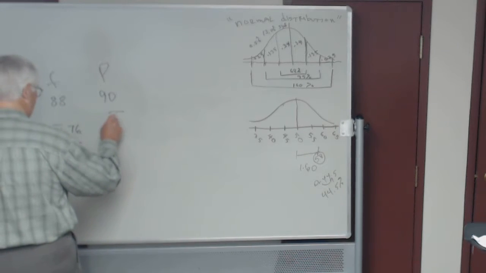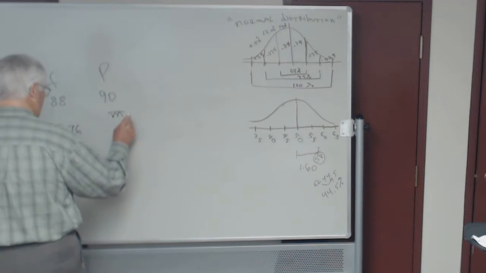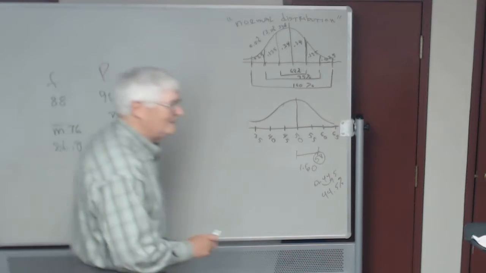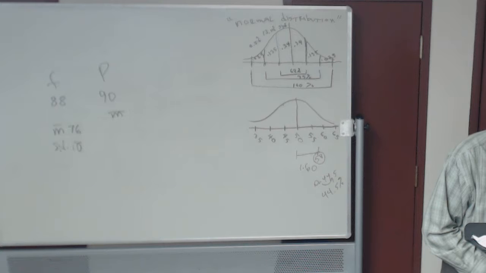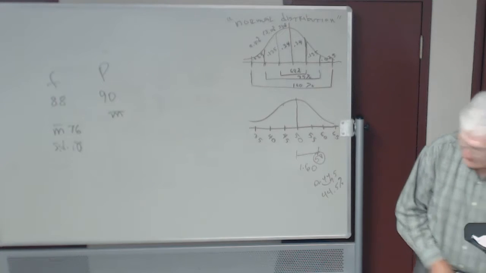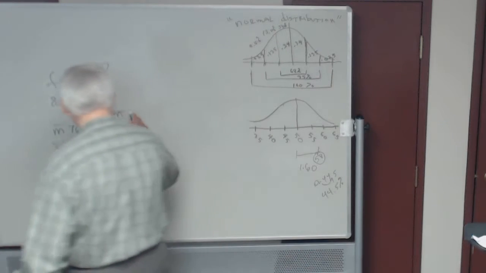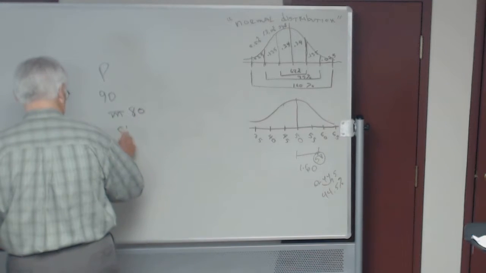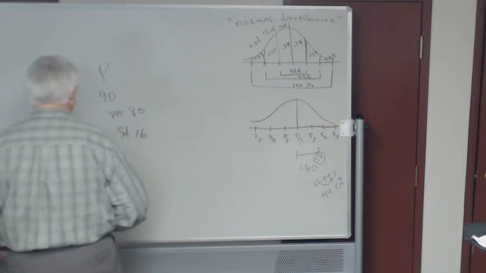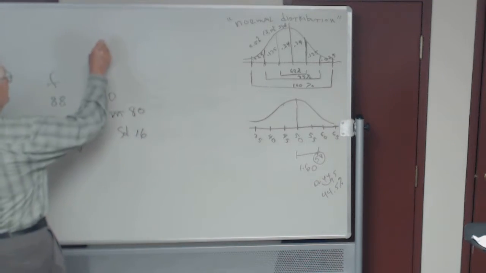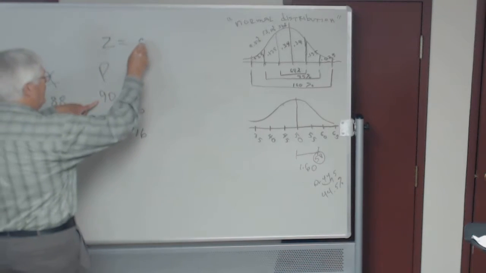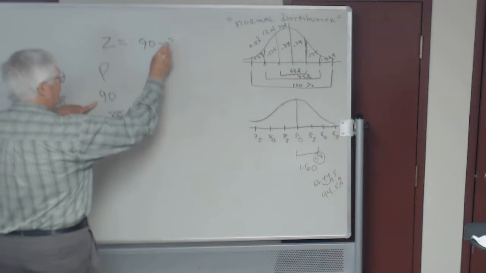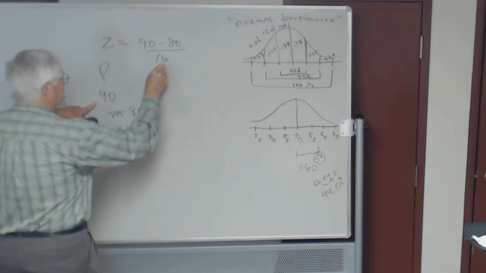For psychology, the mean was what? 80, and the standard deviation was 16. So the z-score for psychology would be 90 minus 80 divided by 16.